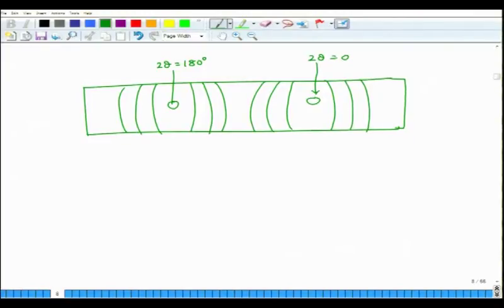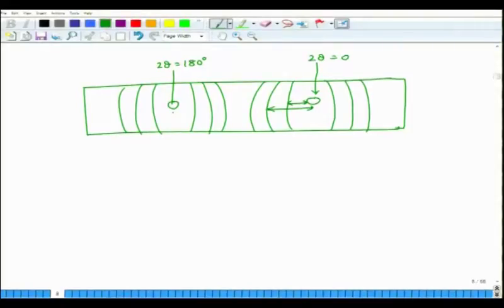Now, if you want to determine what this distance corresponds to in angles, you need to know the distance between these two, and you need to know the film length.